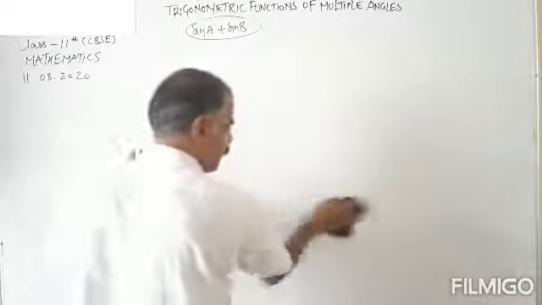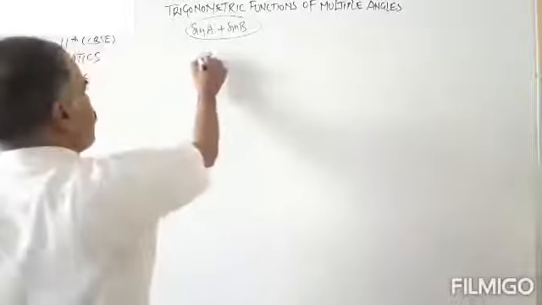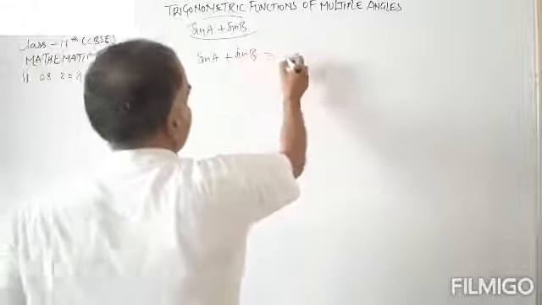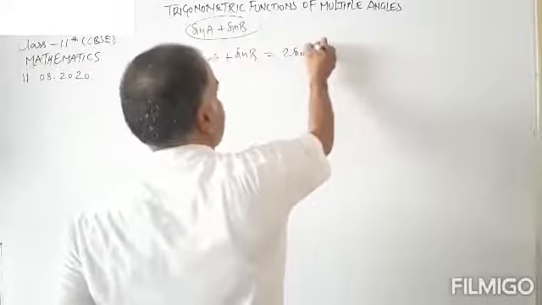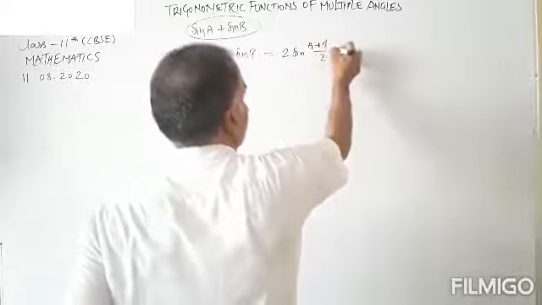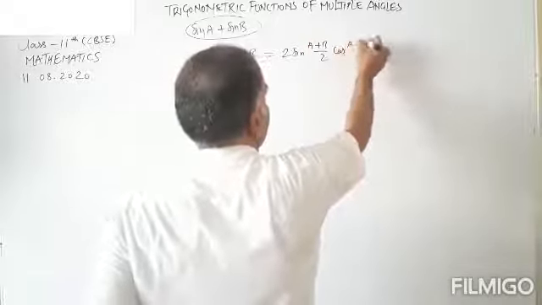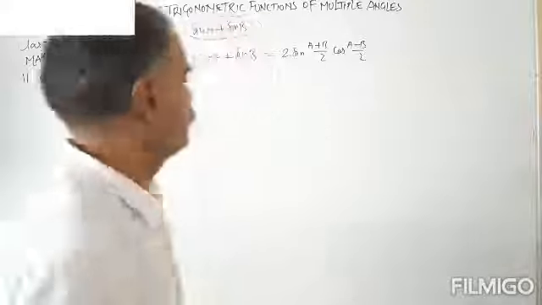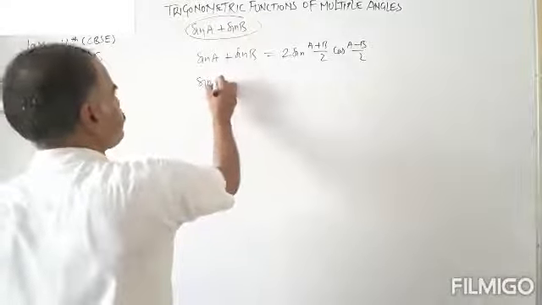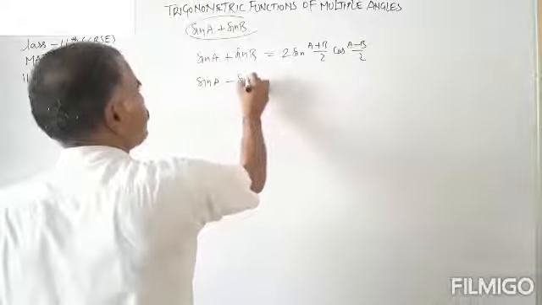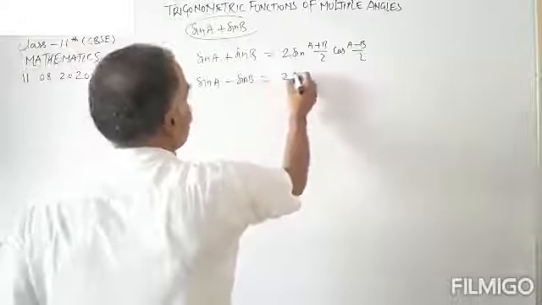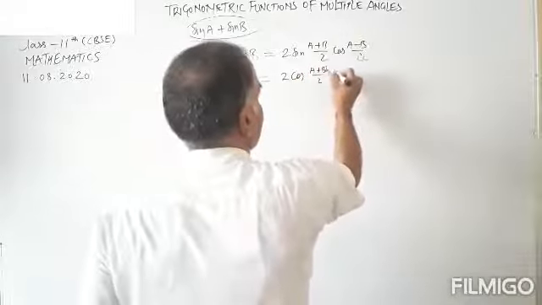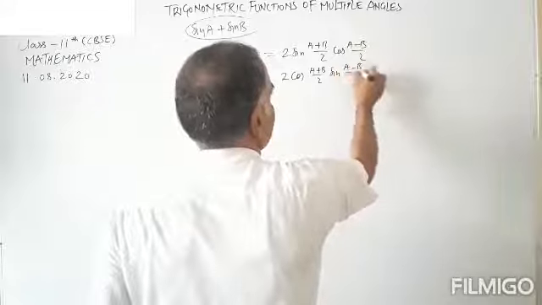So sin a plus sin b equals, as I have just proved, 2 sin of (a plus b) by 2 cos of (a minus b) by 2. Now what is sin a minus sin b? Sin a minus sin b equals 2 cos (a plus b) by 2 sin (a minus b) by 2.